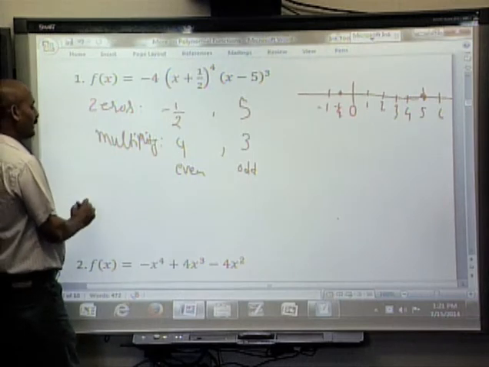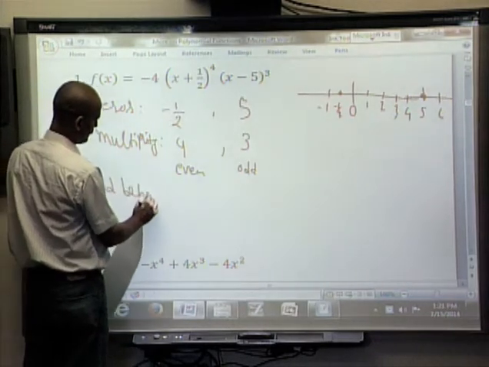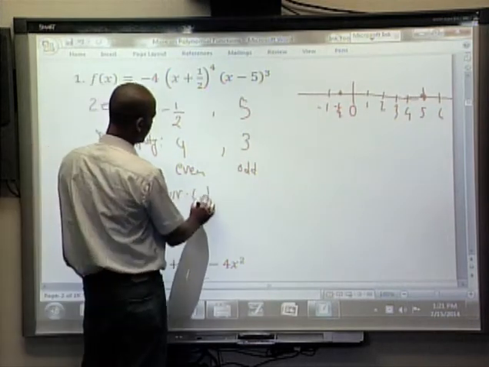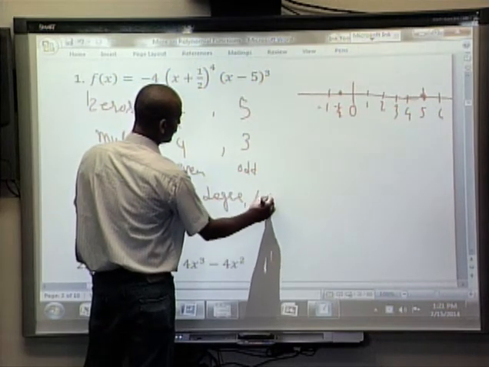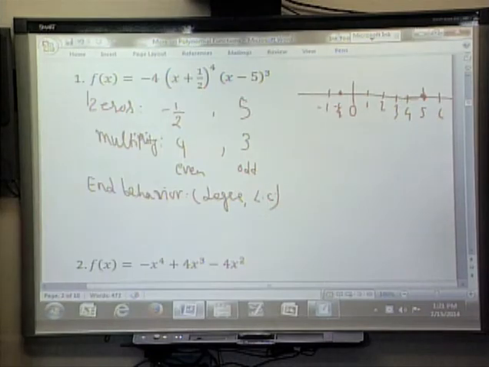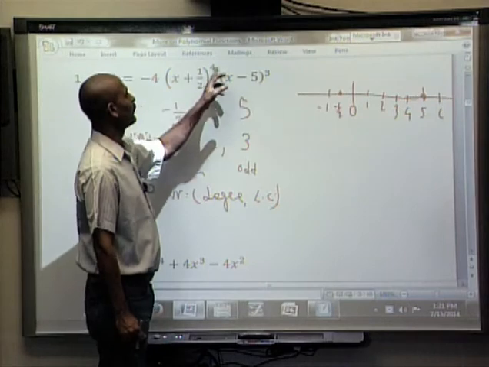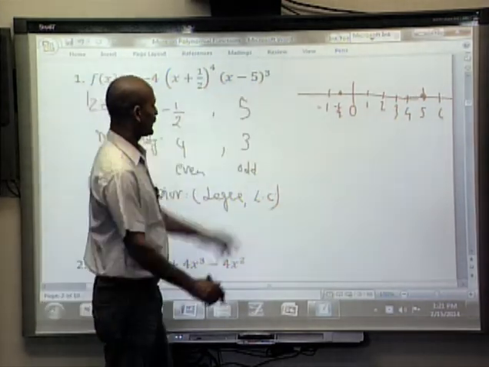In order to know the end behavior, we already know we need to know two things: the degree and the leading coefficient. As I already mentioned, the degree is nothing more than the sum of the exponents. Here is 4, here is 3, 4 plus 3 is 7.